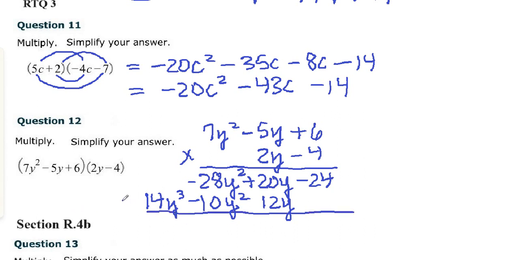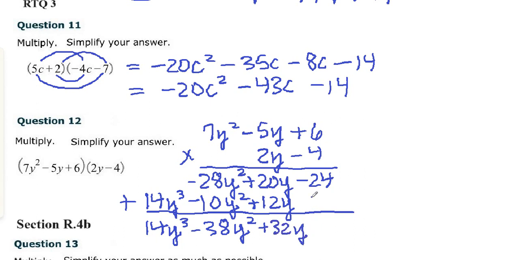And then we are going to add those up vertically. So here, 14y cubed, -28, -10, -38, y squared, we're adding, so we keep the exponent the same. This was a positive 12. 20 and 12, 32.